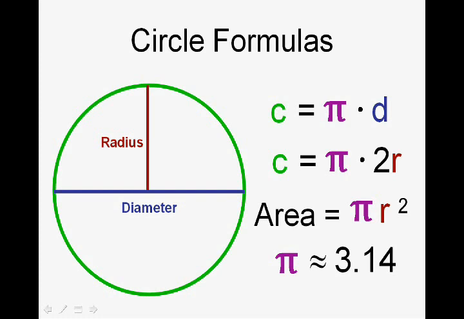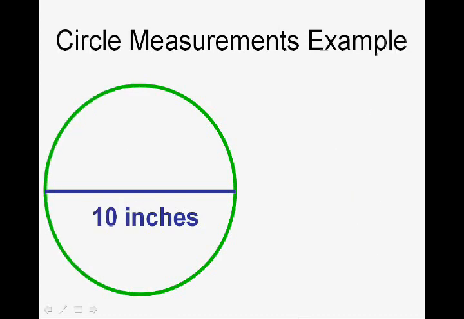In this case, I've given you that the diameter is 10 inches. So you should be able to find the exact answer. If I said exact, that means use the symbol pi, by multiplying that diameter by pi. Pi times the diameter is the circumference. So you would say that the circumference of this circle is 10 pi, in this case, inches.